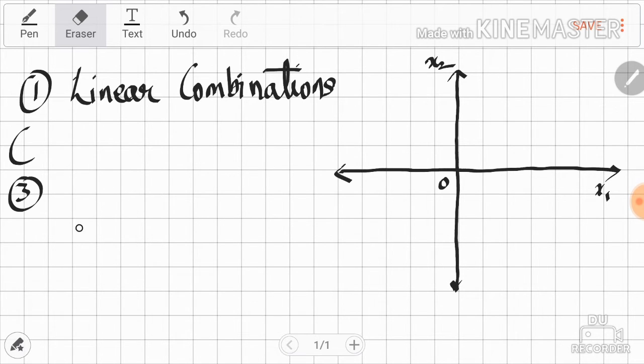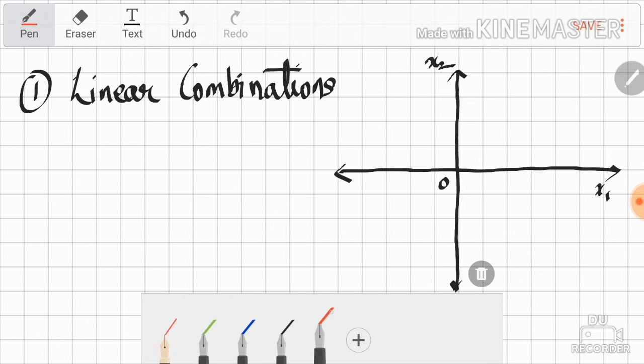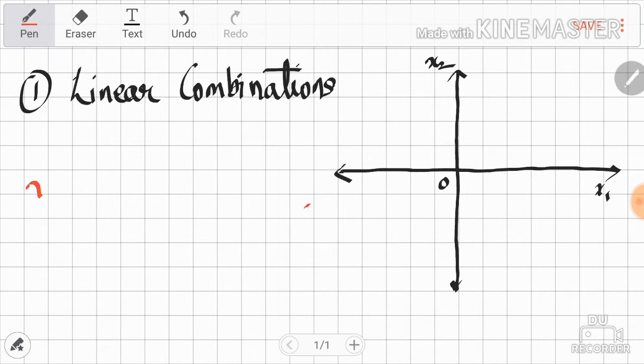What do you mean by linear combination? Let me begin with an example. Let's suppose that we have a vector, say 2 comma 1. Let's draw the vector. So this will be 2 and this will be 1, and this will be 2 comma 1.